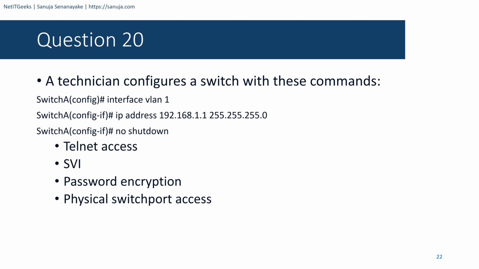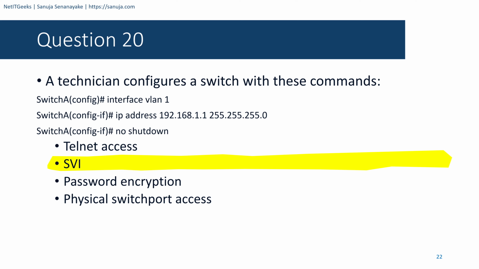So we need to know how Cisco software, firmware, works, and you learn this through your labs. By going through this process of interface VLAN 1, this technician is configuring the SVI, the switch virtual interface.